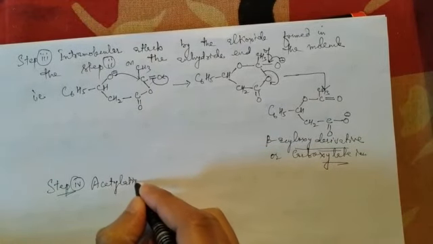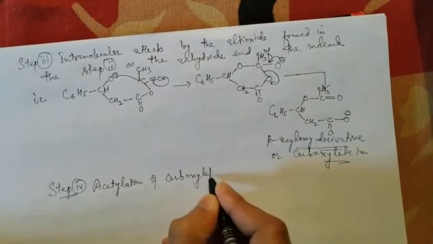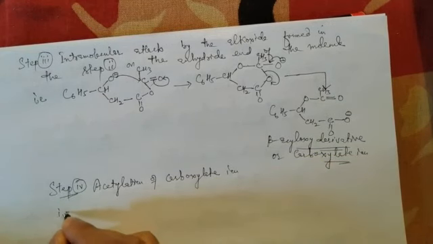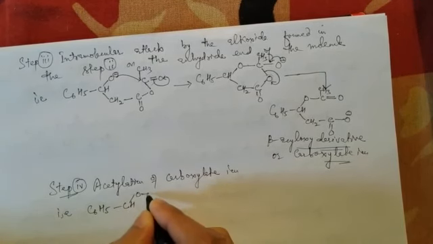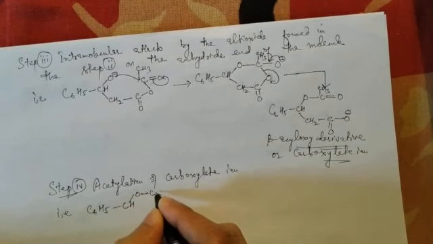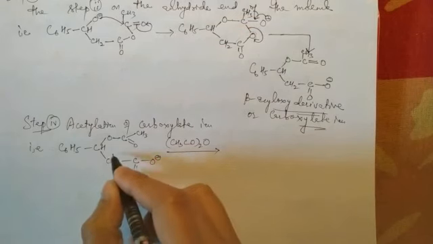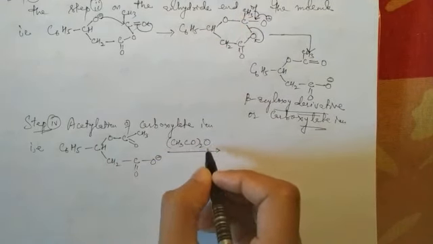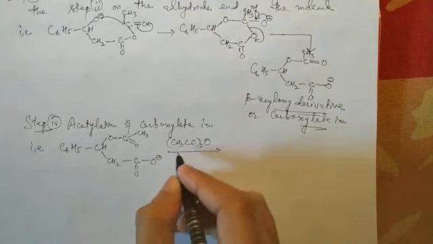So acetylation of carboxylate ion is our step 4. This carboxylate ion is undergoing acetylation in the presence of this solvent, that is the acid anhydride taken here.